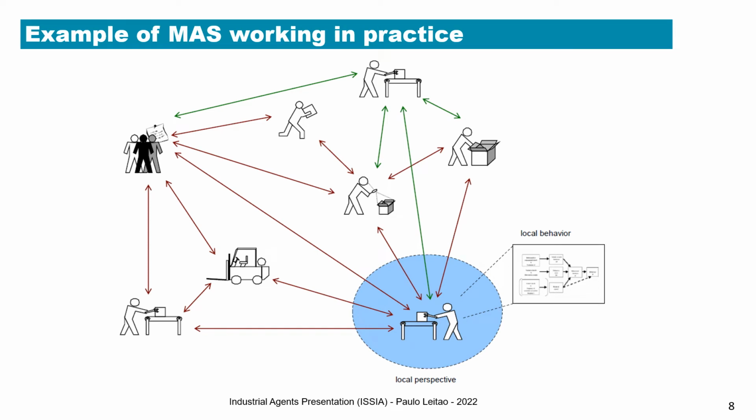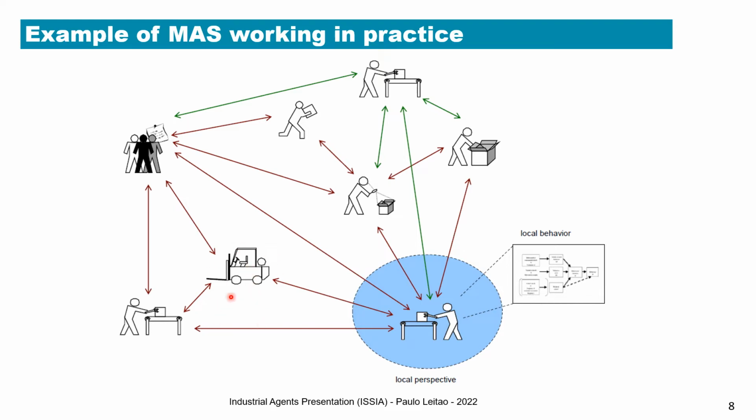Here, as you can see, is an example of MAS working in practice. In this figure, we have several agents which can communicate with each other, and every individual agent has a specific or certain goal to achieve.